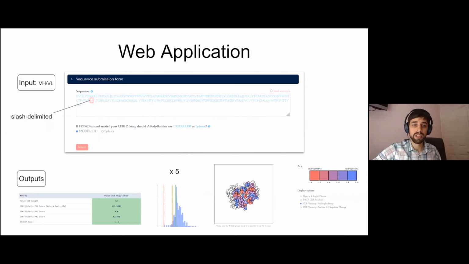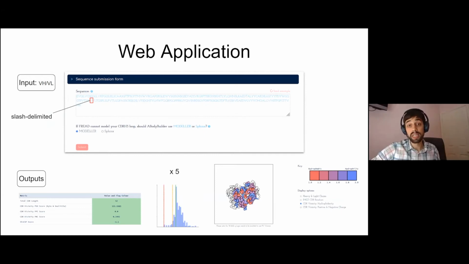And the web application itself is quite similar to the ones you've seen us use before. You input the whole Fv sequence of the antibody you're interested in profiling, so that's the heavy chain and the light chain in amino acid. What you can expect out is a table with the flags and the values associated with each property. And you can see those in a more intuitive sense with the histograms. 5 histograms are displayed for the 5 different properties.